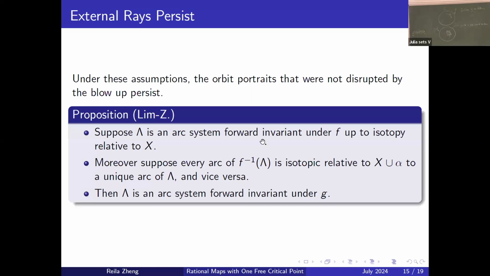So here you have to make your conditions that the external rays for some family of external rays of lambda exist when F inverse of lambda is isotopic relative to X union alpha, union the interior of alpha.